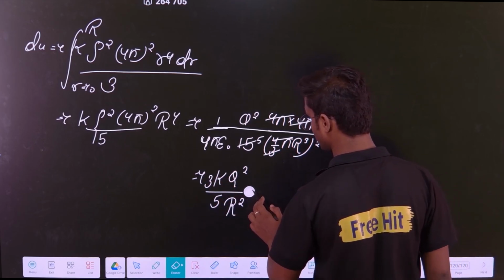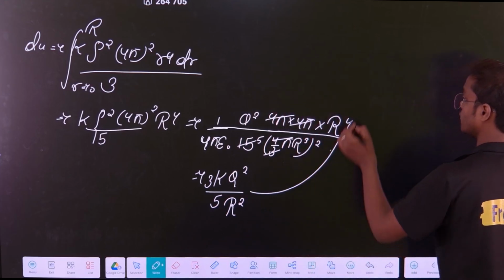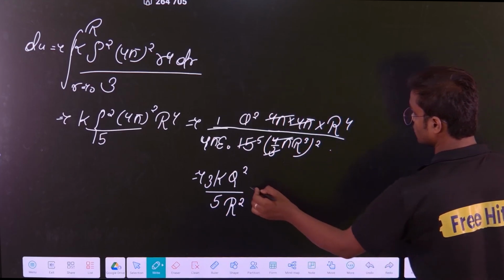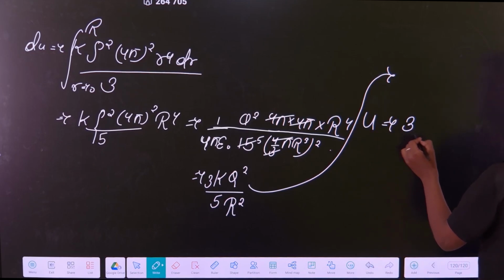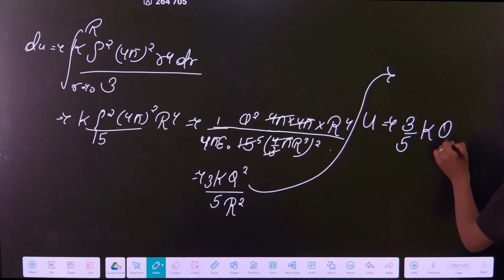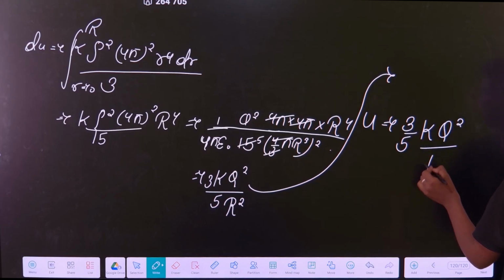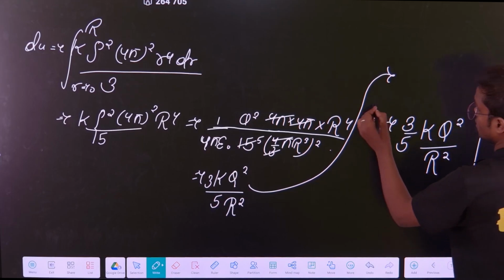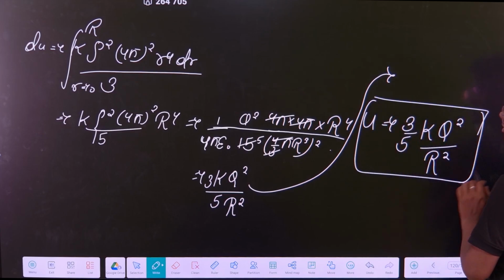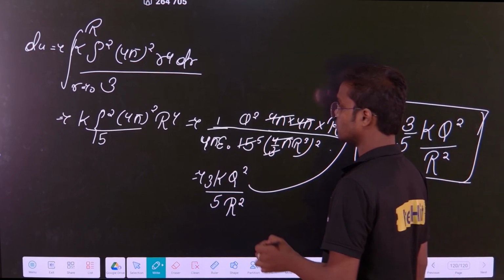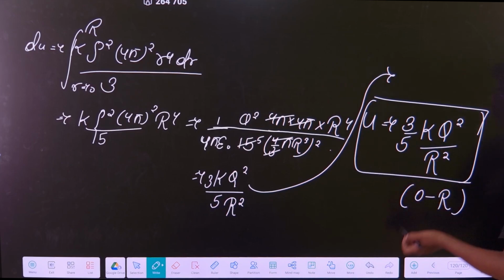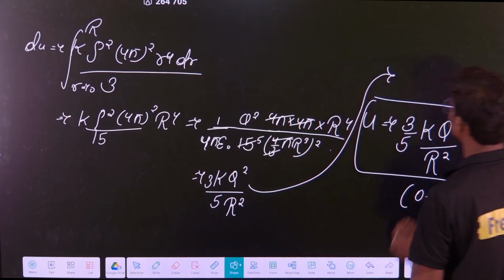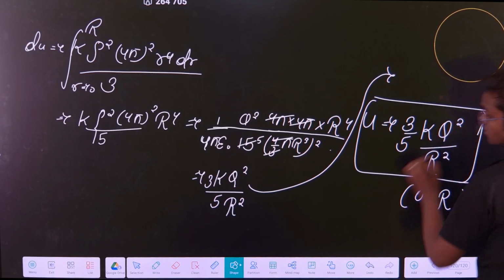What are we finally getting? Finally, my potential energy I got equal to 3 by 5 k Q square by r. That is the final potential energy, and this energy is stored from 0 to r, which means it is stored inside.